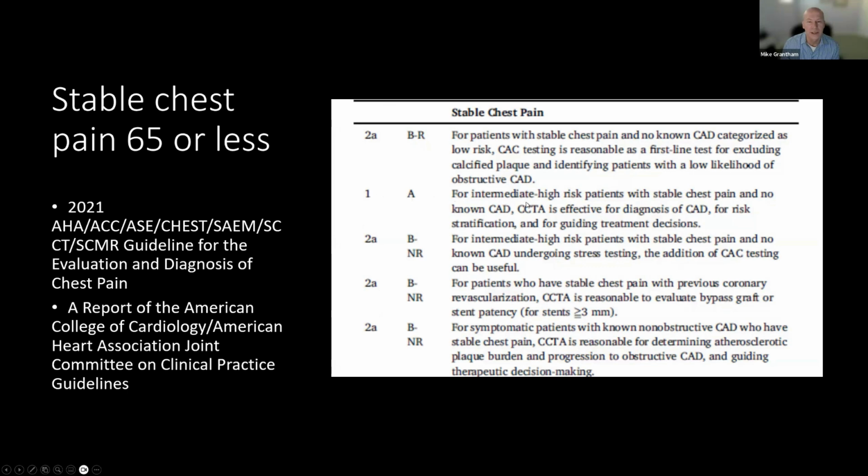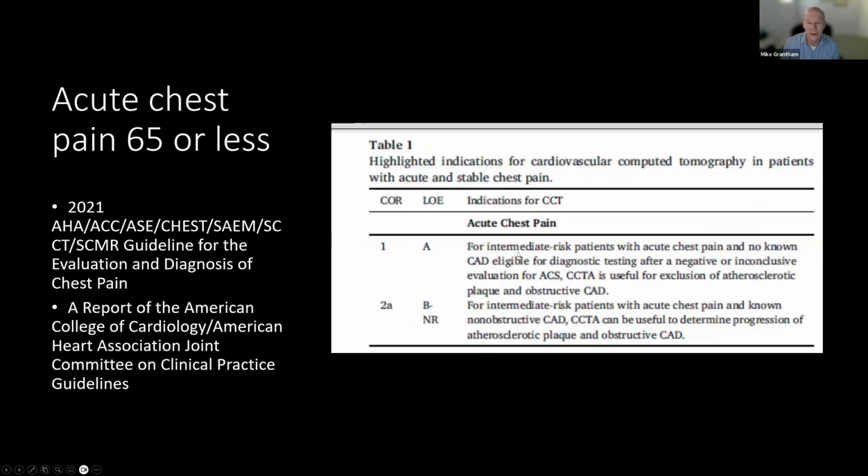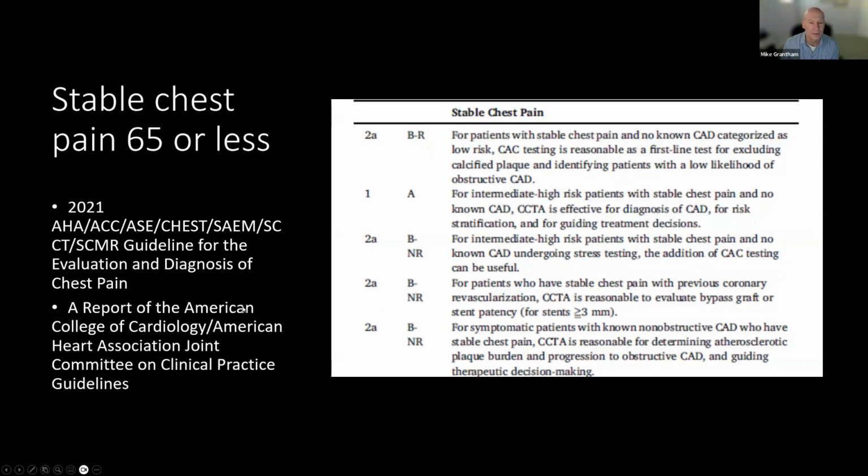But the highest level of evidence and recommendation was for patients in the intermediate to high risk category that have stable chest pain, 65 or less, as well as the intermediate risk patients that are coming in with acute chest pain. You can do them right out of the ER with the highest level of evidence and recommendation in those patients.